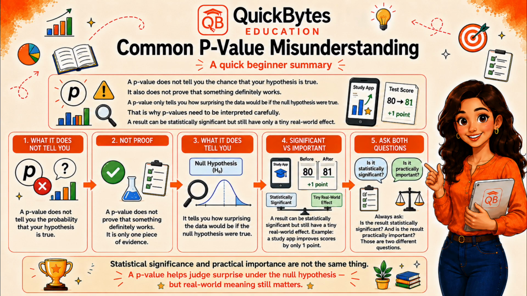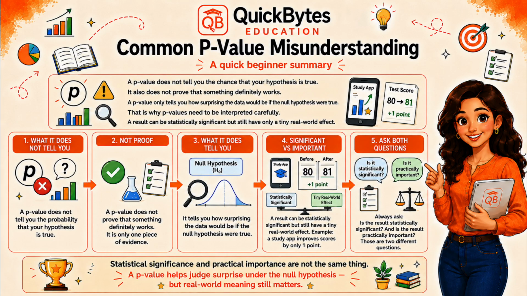Here is one of the biggest mistakes beginners make. A p-value does not tell you the chance that your hypothesis is true. It also does not prove that something definitely works. A p-value only tells you how surprising the data would be if the null hypothesis were true. That is why p-values need to be interpreted carefully.